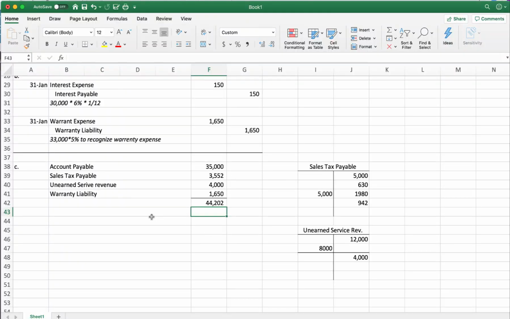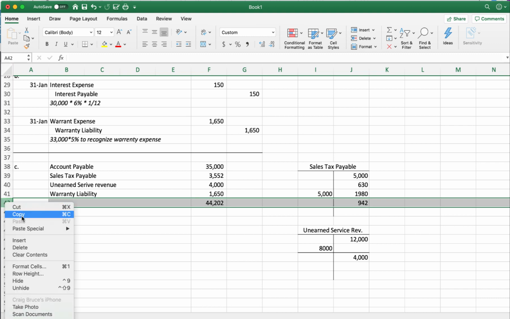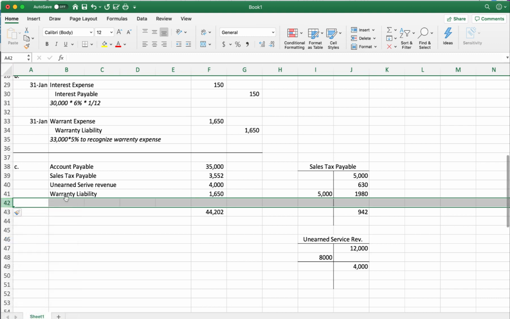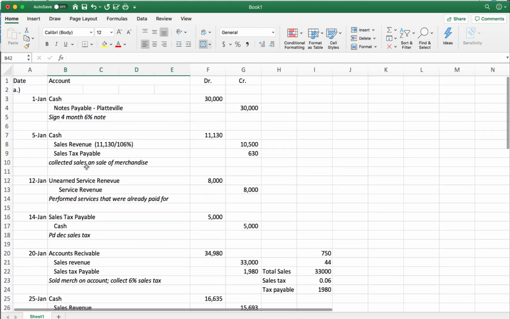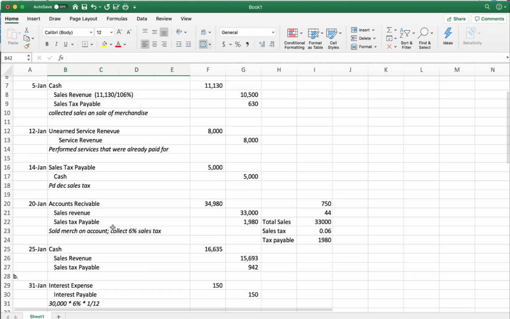Oh, nope, I know exactly what we forgot. Duh. Notes payable. That was the first journal entry we did, right? Notes payable, $30,000.